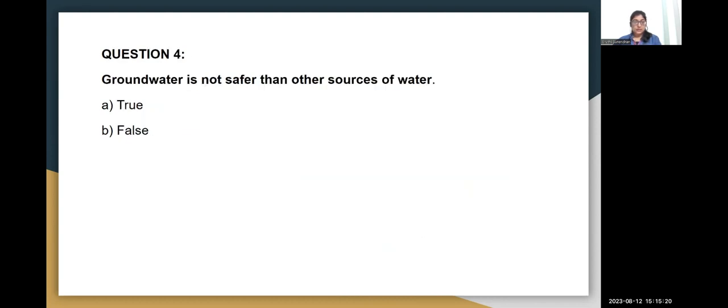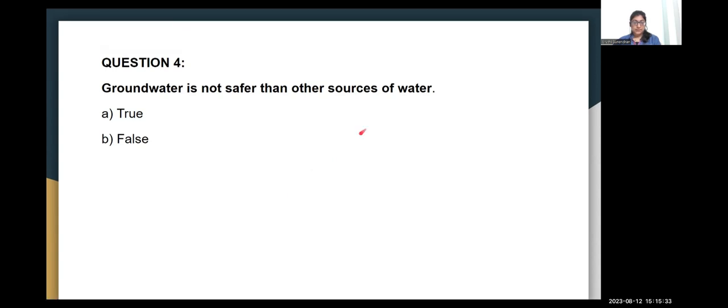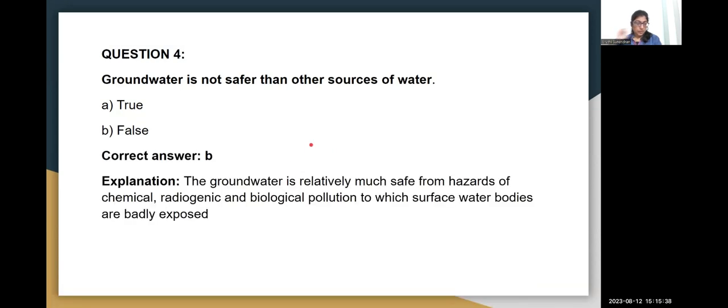Now the fourth question. Groundwater is not safer than other sources of water. Is this statement true or false? The statement is false because groundwater is relatively safer than surface water, since it is not exposed to pollution and chemical pollution as much as surface water is.